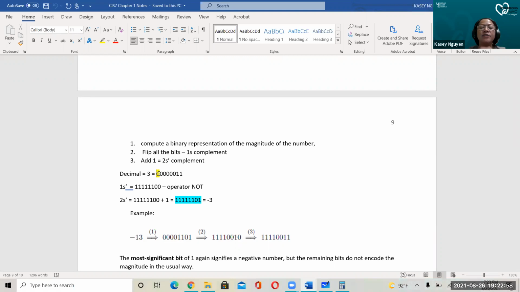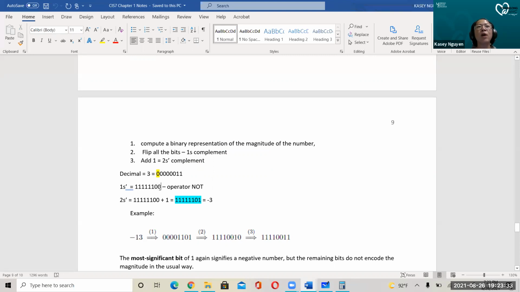So if we start with the decimal 3 and we want to make it into a -3, we convert it into binary. Then we flip the bits, using the operator not. So the 1 here becomes a 0, the 1 next to it becomes a 0, and the rest of the 0s become 1s.